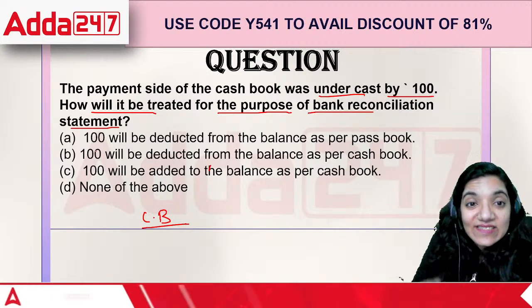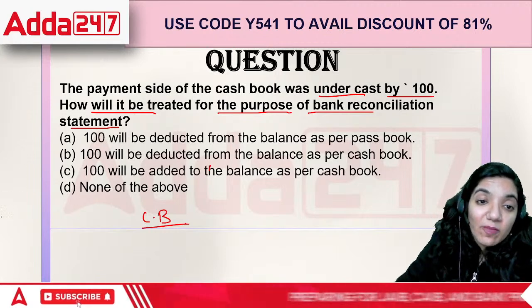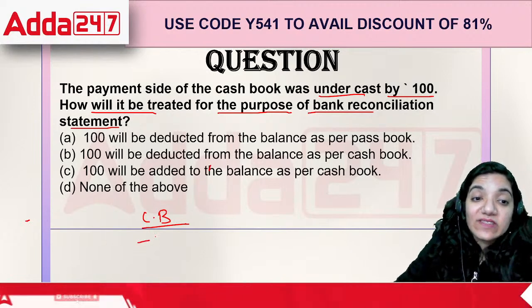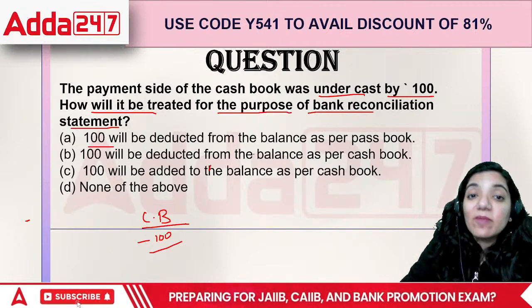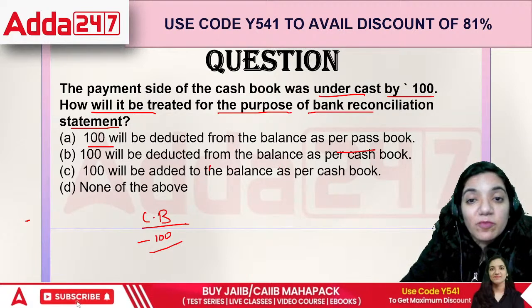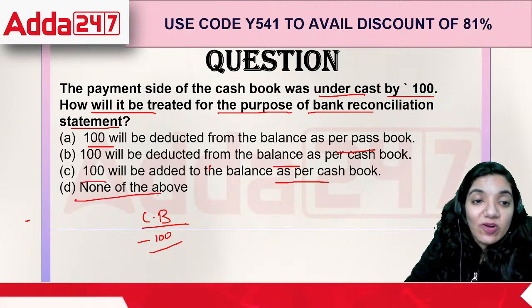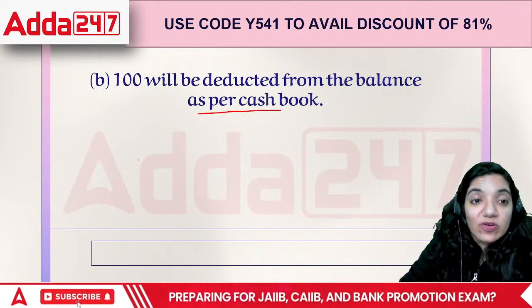That means it was less than its actual value. What will we do? We will deduct it from our cash book in any case, right? If we haven't deducted rupees 100, we'll deduct it to have the correct answer. So 100 will be deducted from the passbook, or 100 will be deducted from the cash book, or 100 will be added in the cash book, or none of the above. The correct answer is 100 will be deducted as per the cash book.